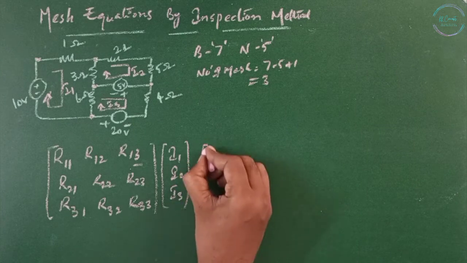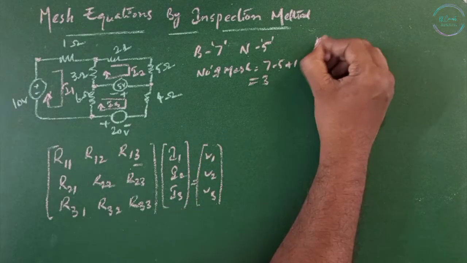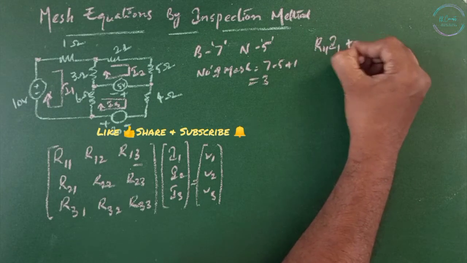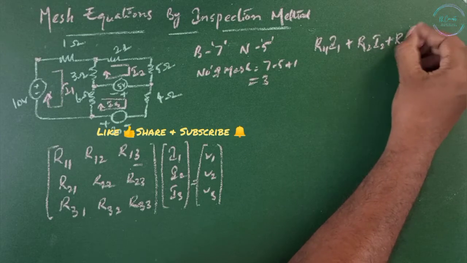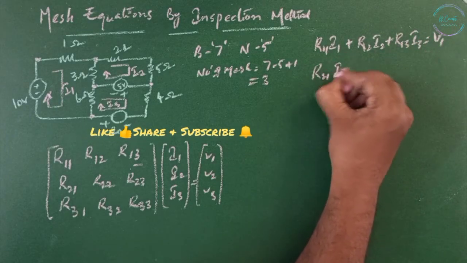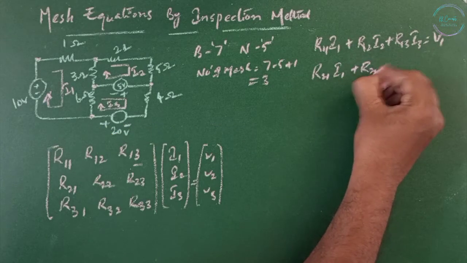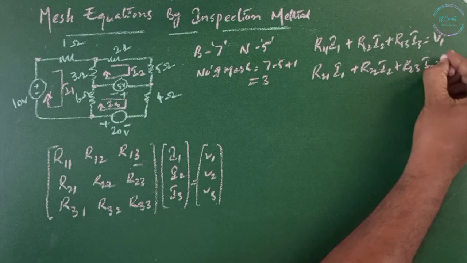Since only resistance is present, the loop currents I1, I2, I3 equal to the voltages V1, V2, V3 are simply R11 I1 plus R12 I2 plus R13 I3 equals V1. Similarly, R21 I1 plus R22 I2 plus R23 I3 equals V2.